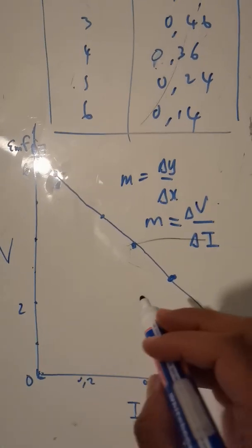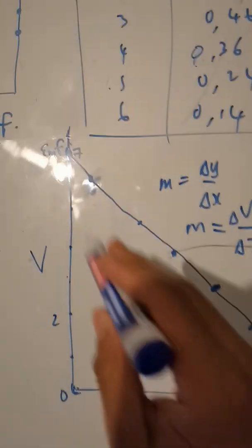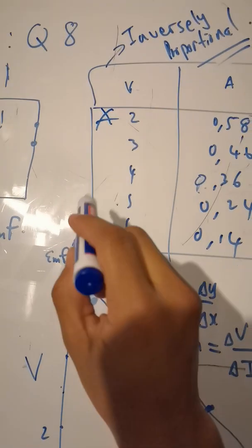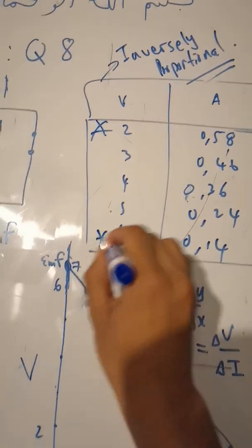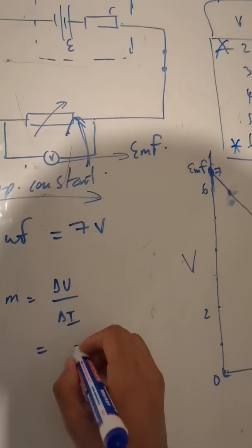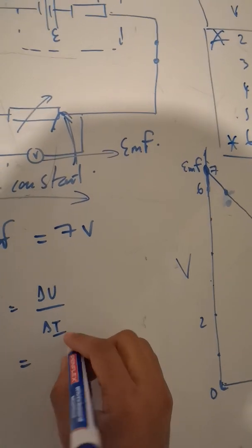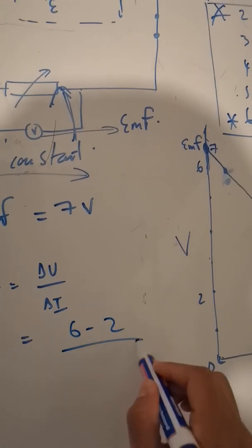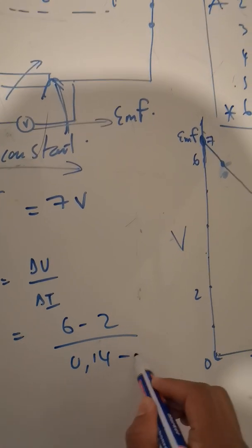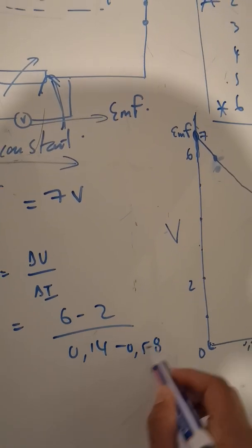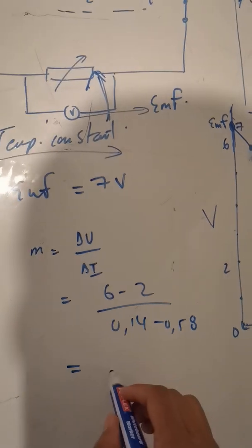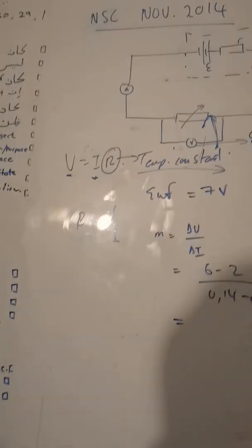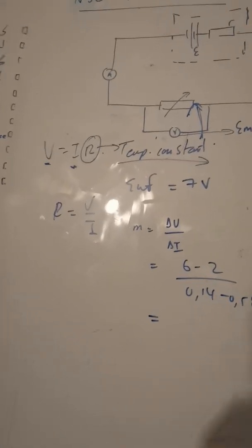You must get yourself 2 sets of coordinates. We can use any 2 sets of coordinates, for example the 2 and the 6. So it's 6 minus 2 over 0.14 minus 0.58. Your calculator will give you an answer of about negative 9.